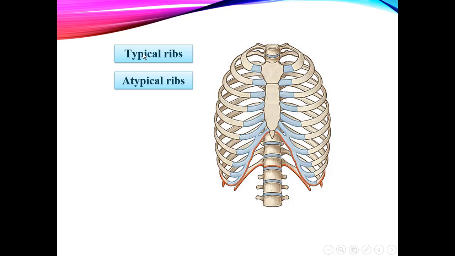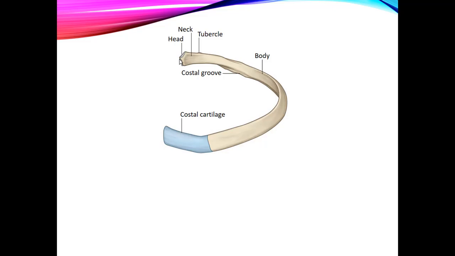Typical ribs share common anatomical features, whereas the atypical ribs have different anatomical features than the typical ribs. Here you can see a typical rib. Let's study the anatomical features of the typical ribs.